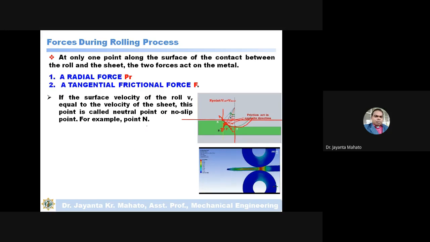Neutral point means where the velocity of the sheet metal and the velocity of the rollers are the same. That point is called the neutral point. Okay, so at the neutral point, the velocity between the rollers and the sheet metal are the same.